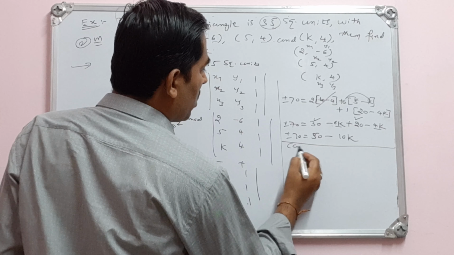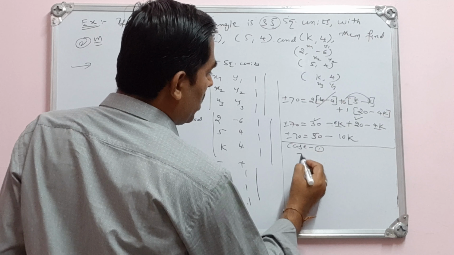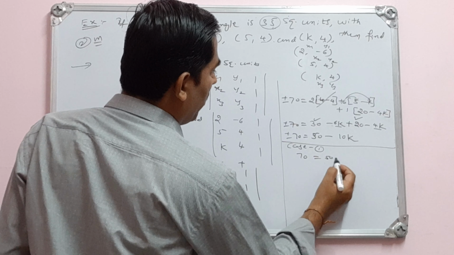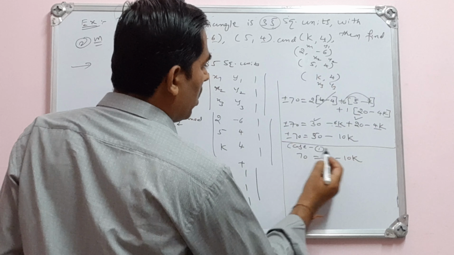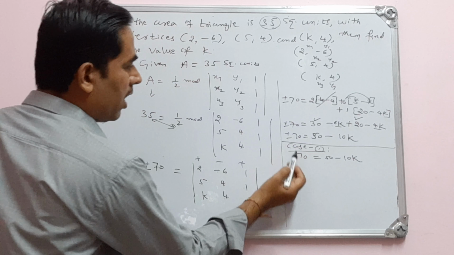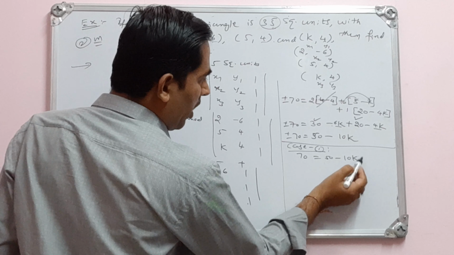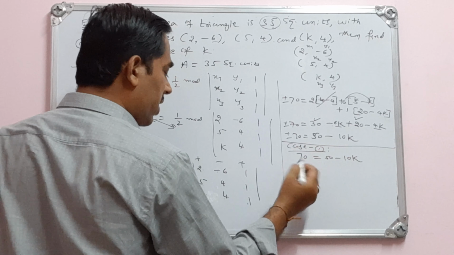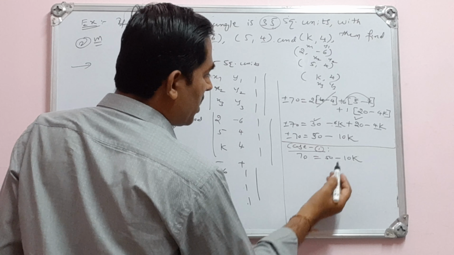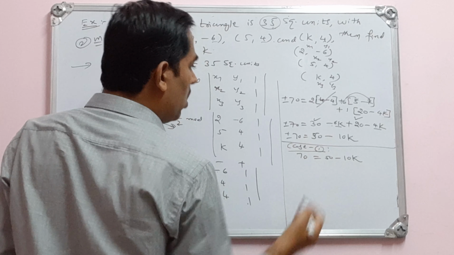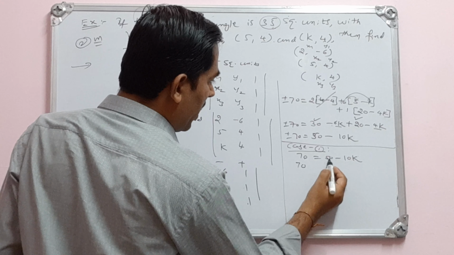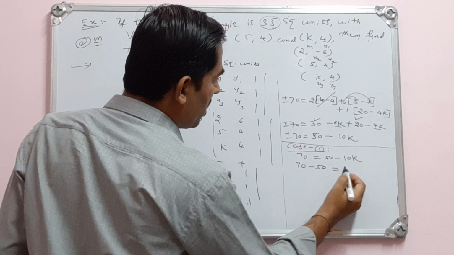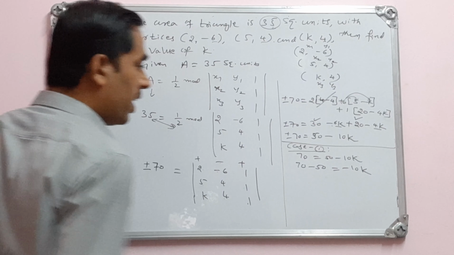Case 1: 70 is equal to 50 minus 10k. I will consider the positive value. Then we want the value of k. Shift 50 to the left hand side: 70 minus 50 is equal to minus 10k.